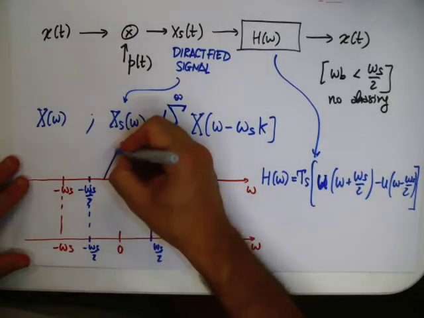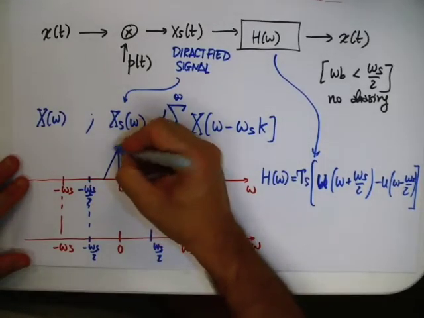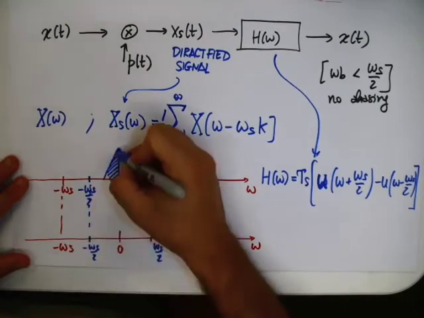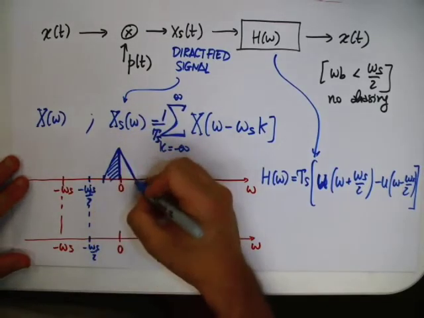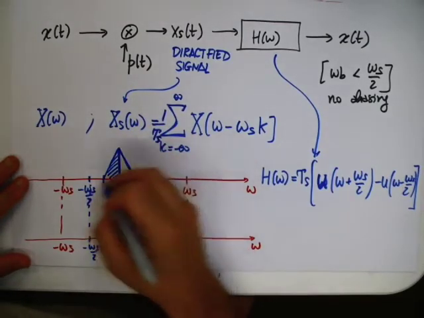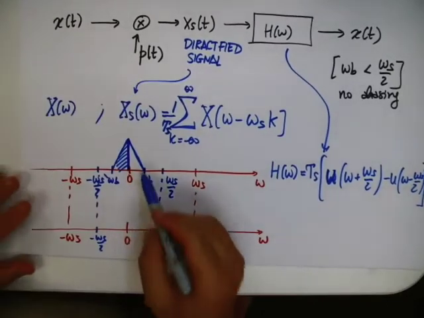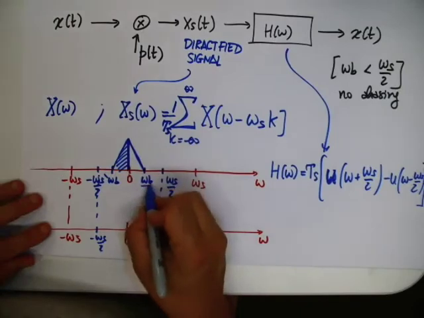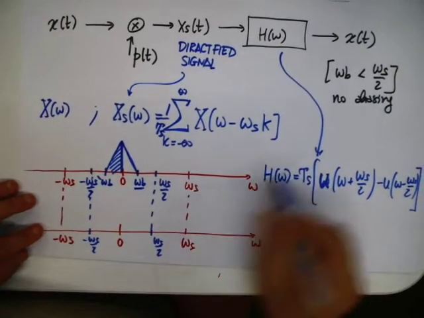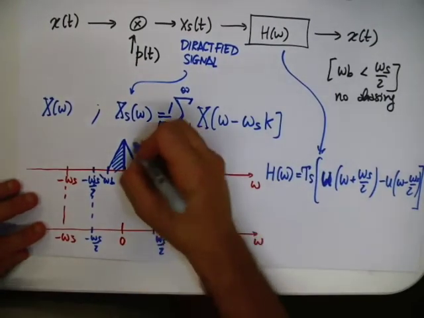If the original spectrum is bounded and satisfies the Nyquist criterion, so omega b is less than this quantity, then what happened?